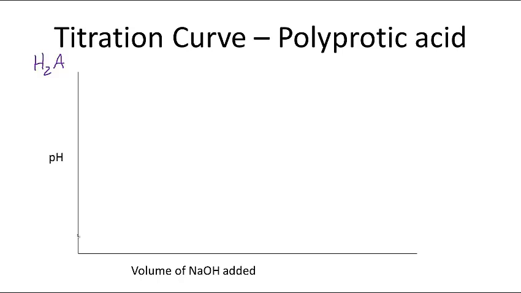So you would start and you would see a buffering region where you're pulling off the first proton, right? This first part of the curve would be where H2A is being converted to HA minus. Now at some point, you're going to run out of H2A. That'll be your first equivalence point, and you're going to see a jump in pH there.